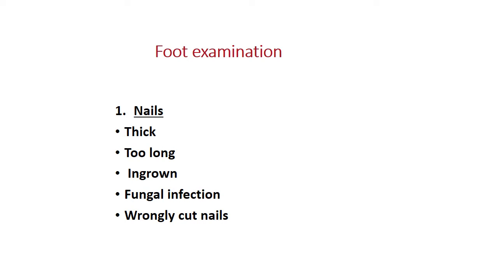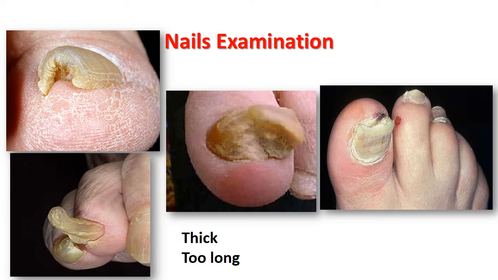But here we should think even of very minor changes, like thickening of the nail, too long nail, ingrowing of nail, presence of fungal infection, and wrongly cut nail. For this patient, this is thickening and too long nail.